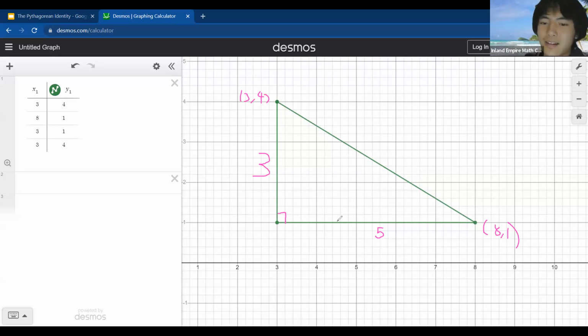By the Pythagorean theorem, we know that in a given right triangle, a squared plus b squared equals c squared, right? And moreover, we know that this is a and this is b. So now do you see a way to figure out c?